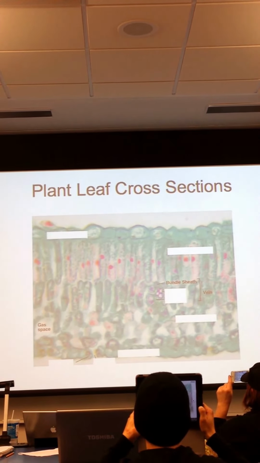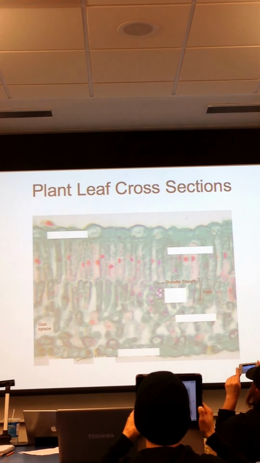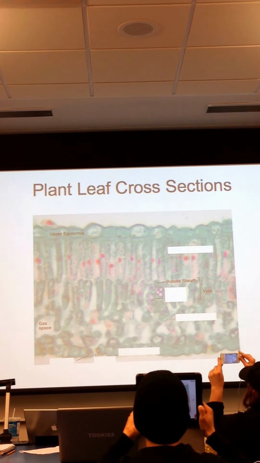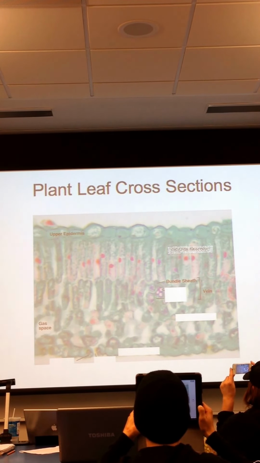All right, here's another one. What's this top layer? Epidermis. Good. What's this layer in here? Mesophyll, yes. Then we have this down here, which is also mesophyll, just a different kind.